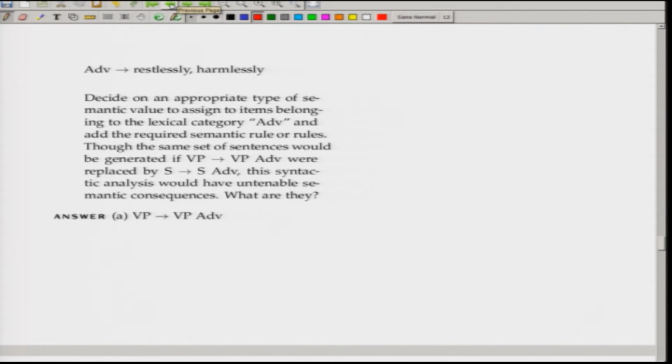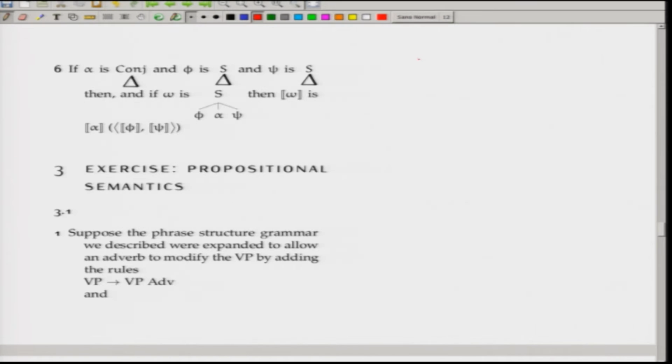So what is it we are writing? The textbook itself suggests that the rules could be: VP goes to VI, that was one thing, or it goes to VT and N. Now there is another one, VP goes to VP ADV, and then ADV is either restlessly or harmlessly.